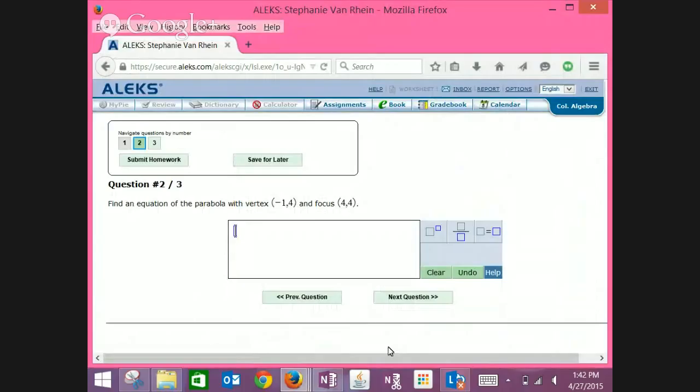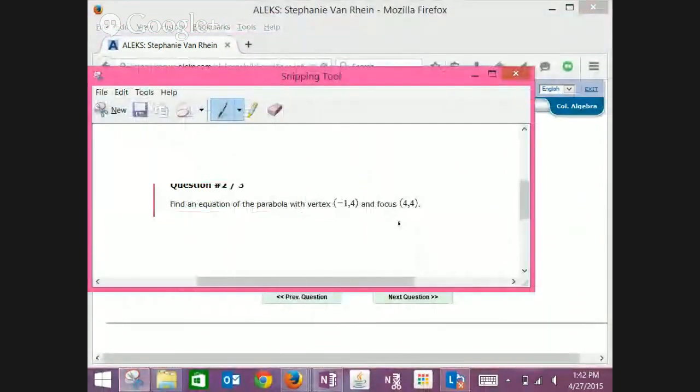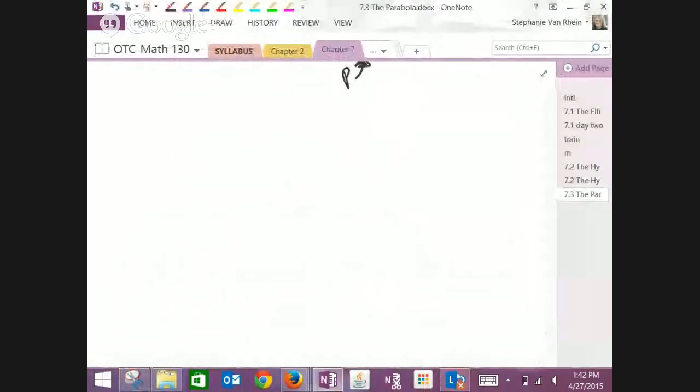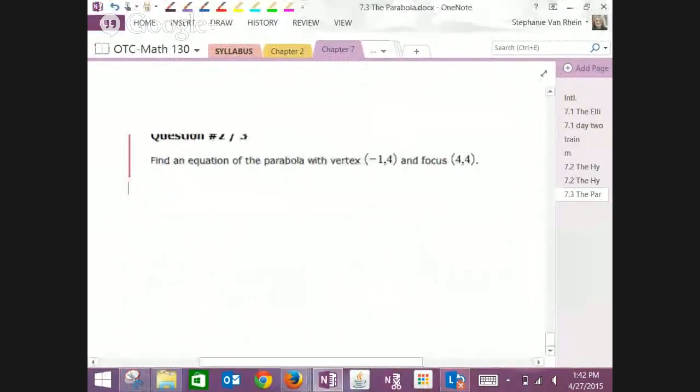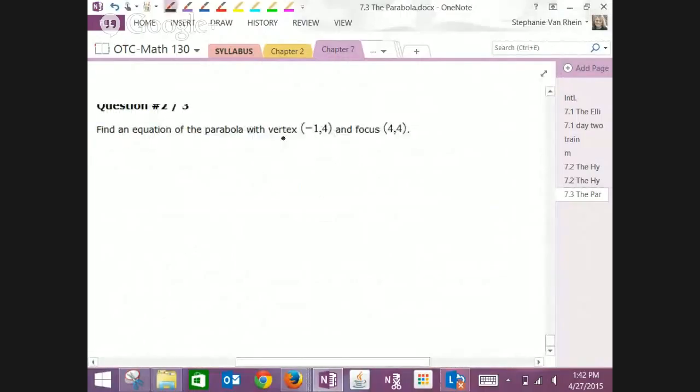Find the equation of the parabola with the vertex given and the focus given. So going back here, the vertex is given and the focus is given.